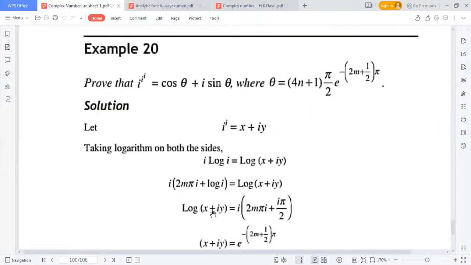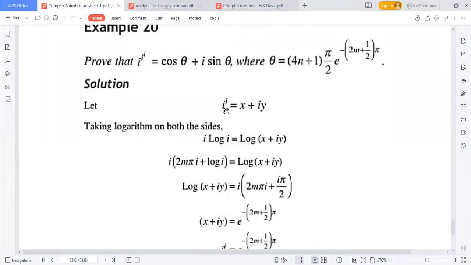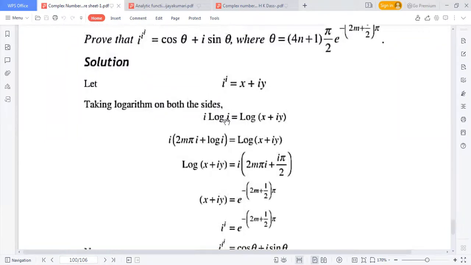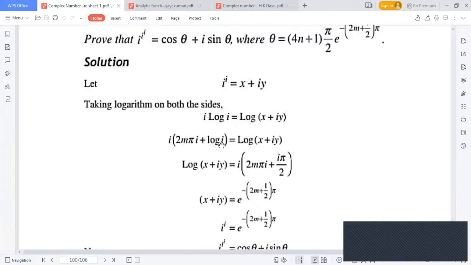Now another important example: prove that i to the power i to the power i equals cos theta plus i sin theta, then theta equals this one. So the solution: let us consider i to the power i equals x plus iy, taking log on both sides. i log i equals log of x plus iy, and log i equals this from the definition of logarithm of a complex number.